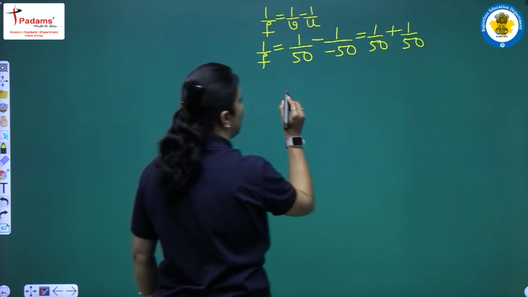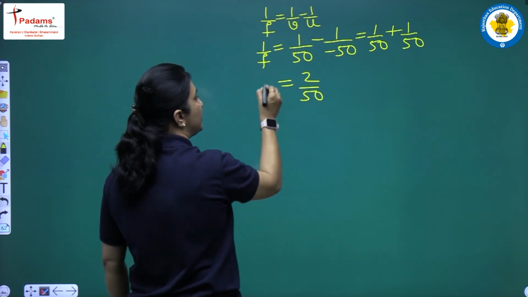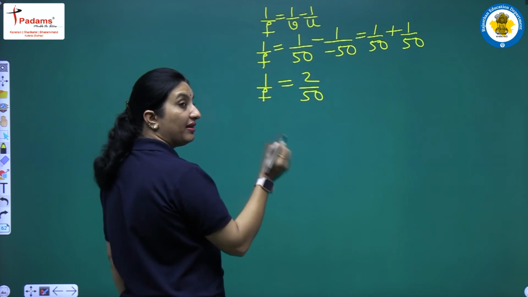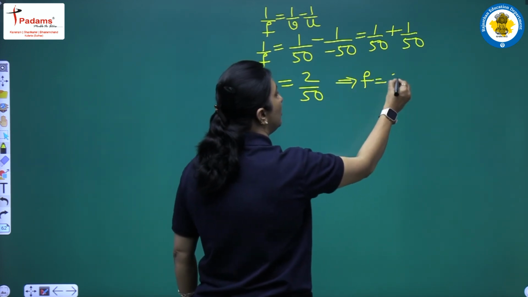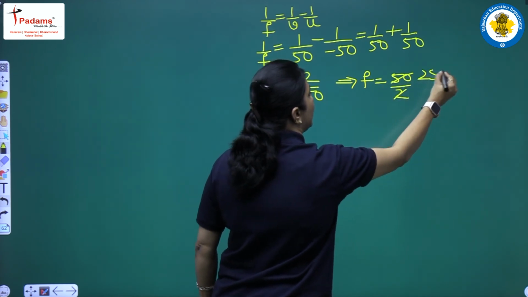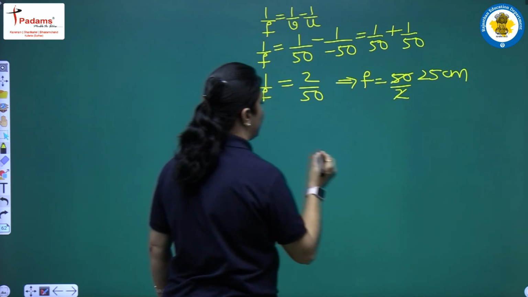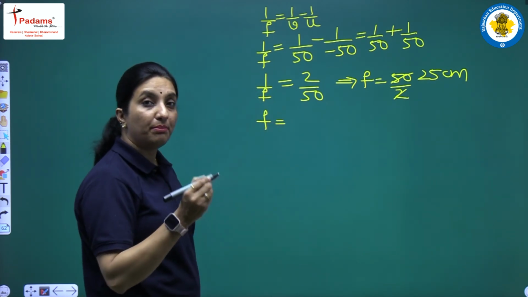So this will turn out to be 2 upon 50. So, on reversing the values, what we get is that f is equal to 50 upon 2, that is 25 centimeters.